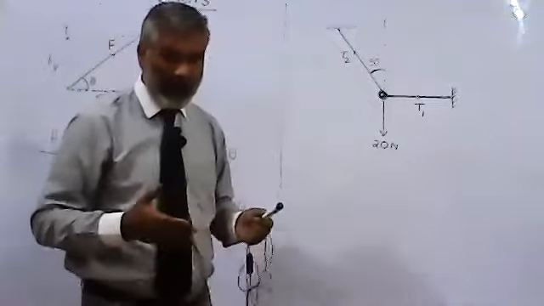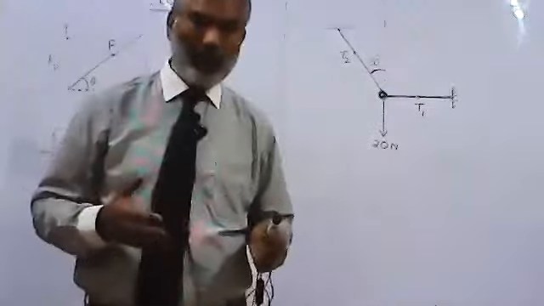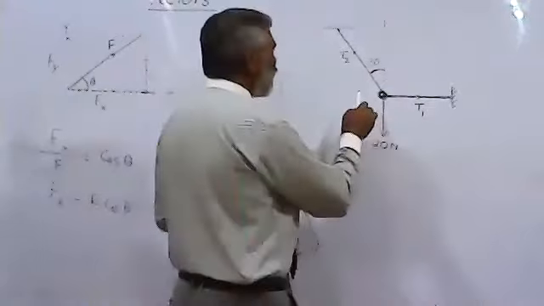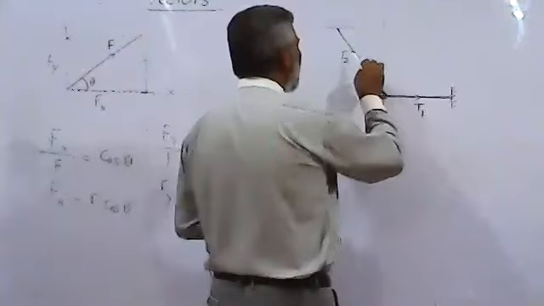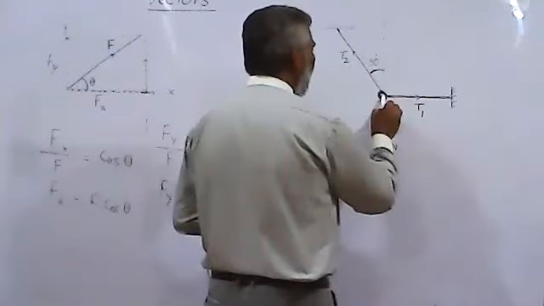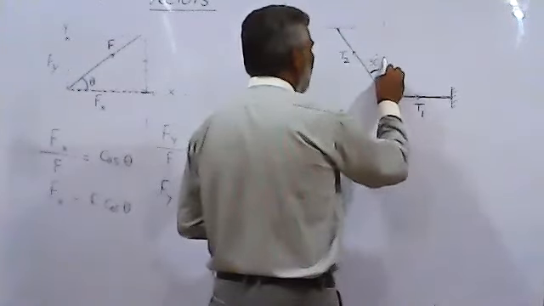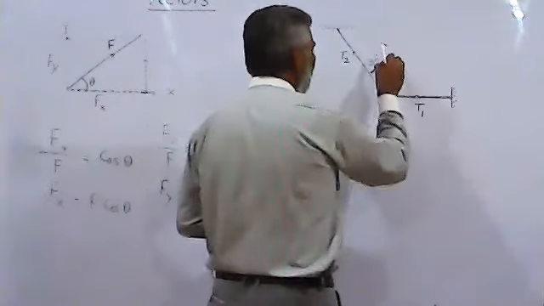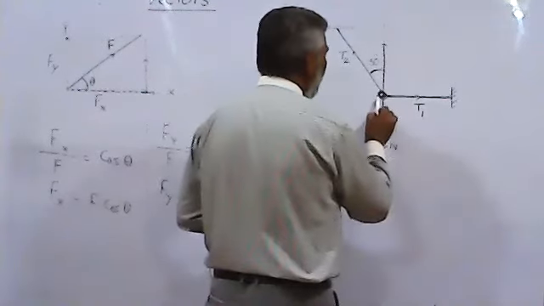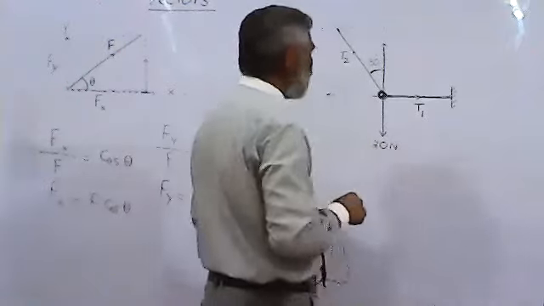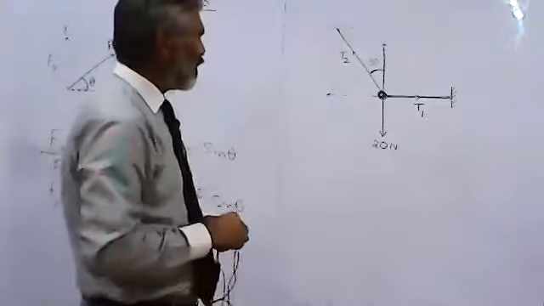And components will play an important role here, and that role is that we quickly realize that this tension T2 will have two components, one exactly along this in the upward direction and the other exactly in this direction, because they must be perpendicular to each other.